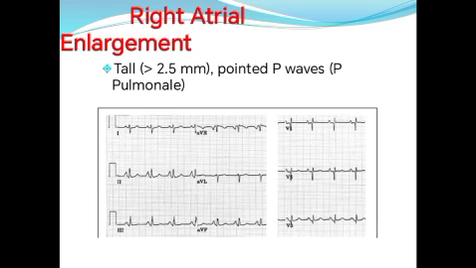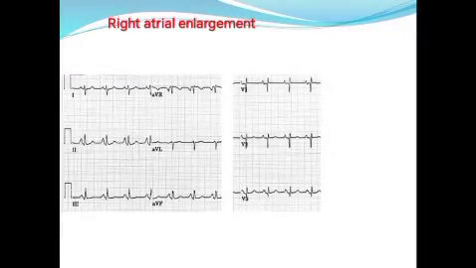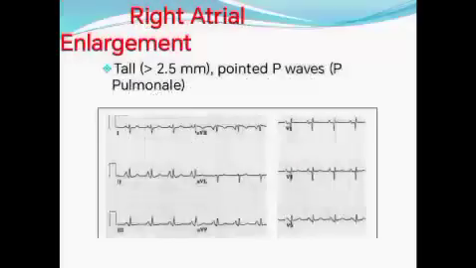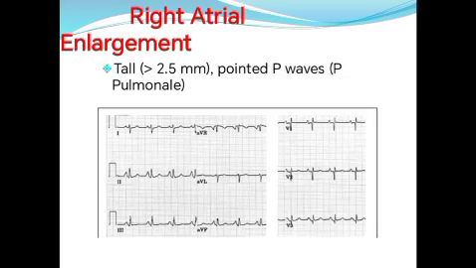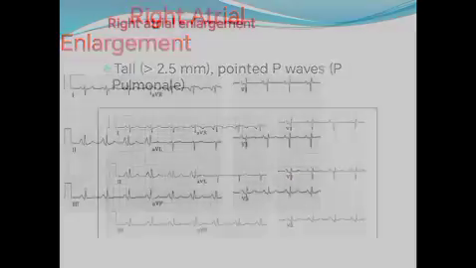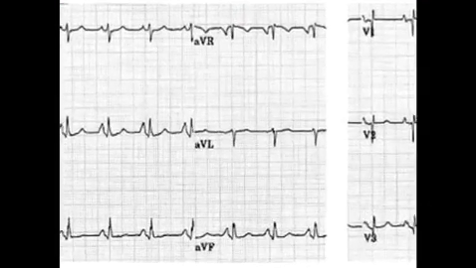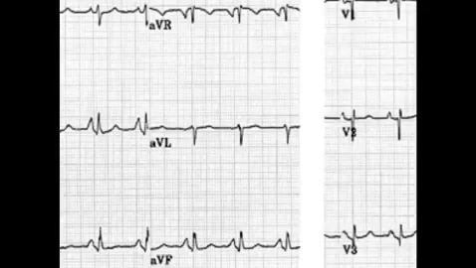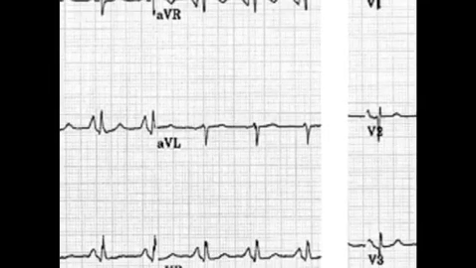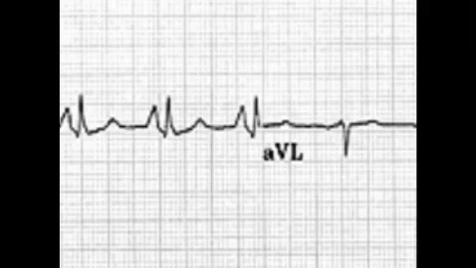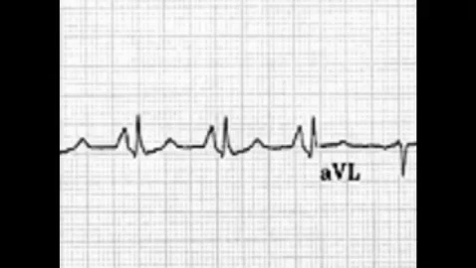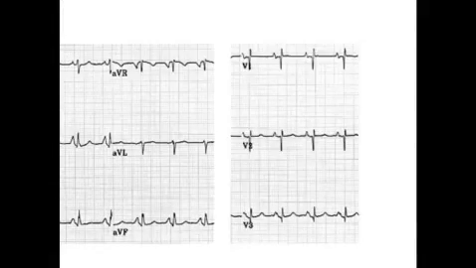This is what's called P pulmonale. You see here, it is more than 2.5 millimeter in right atrial enlargement. This is called P pulmonale, and it is better to see it in lead 2. In lead 2, this is P pulmonale.